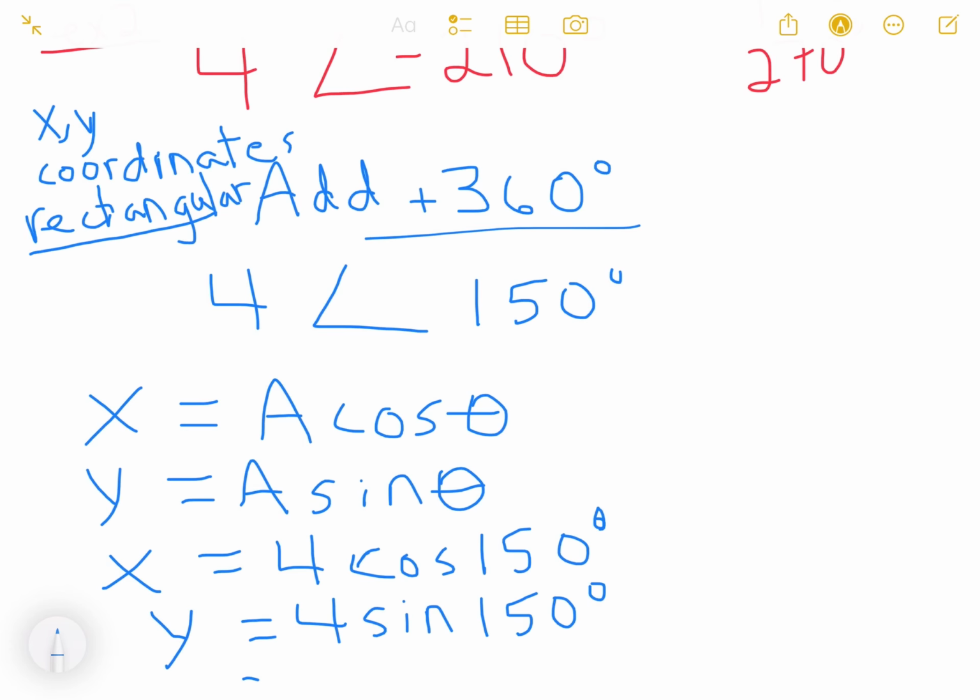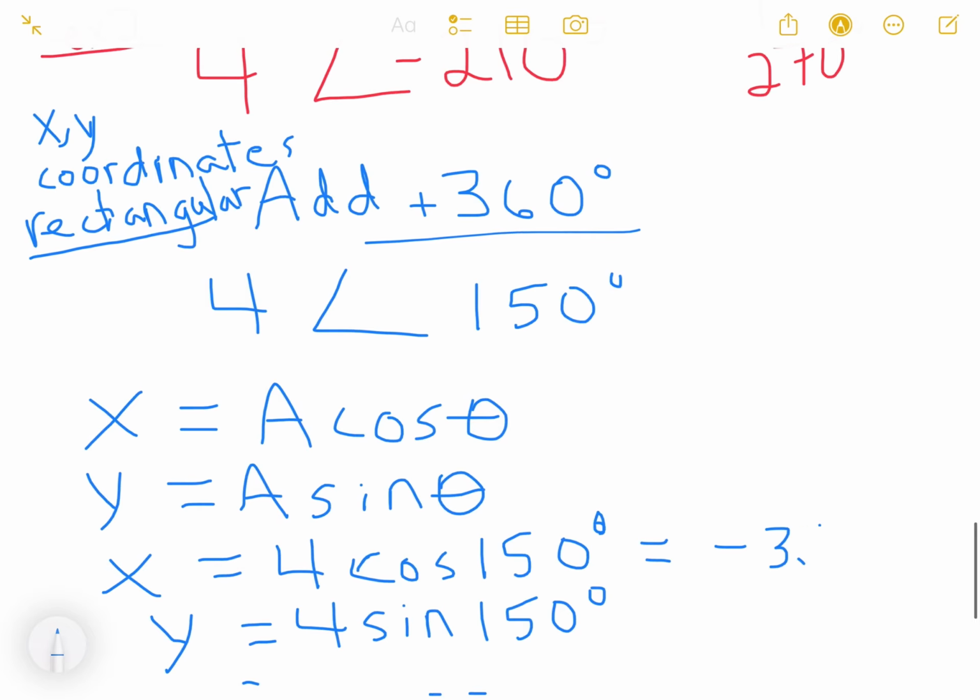And then if I do this, what do I get for my x? I end up getting minus 3.46, which makes sense because I am going backwards when I drew it on the diagram. And then here, I'm going up 2.